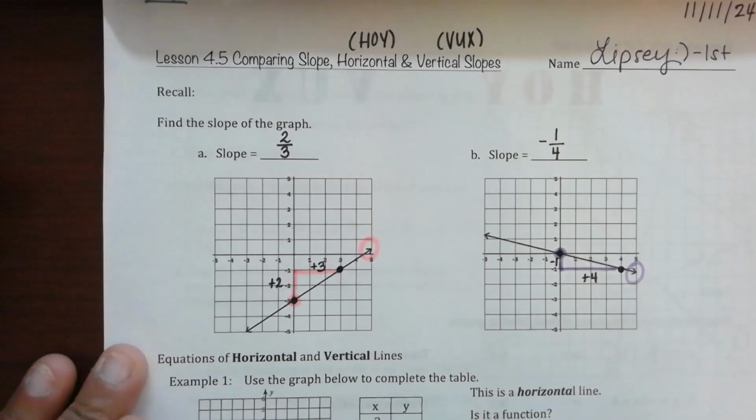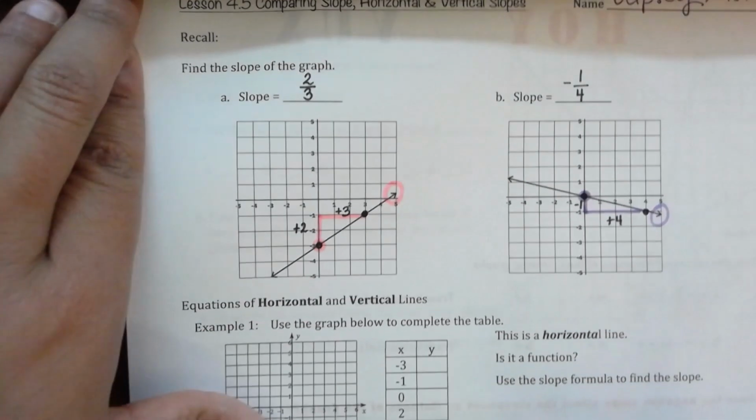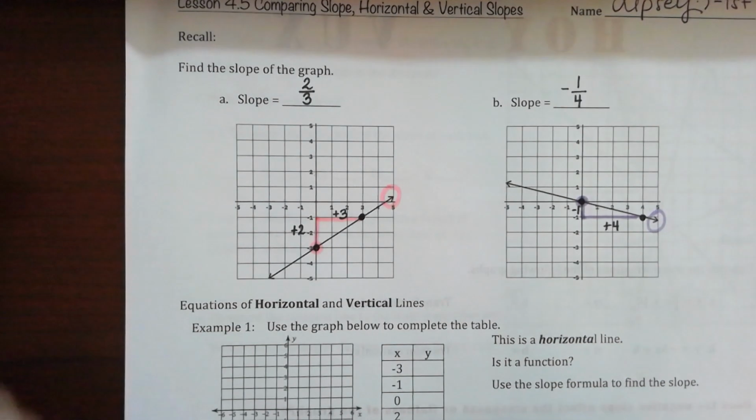Now, equations for horizontal and vertical lines. These are special because horizontal lines always go left to right. There is no incline or decline from left to right. It's always one consistent y value. Does that make sense? So no matter what x is, what will this y always be?